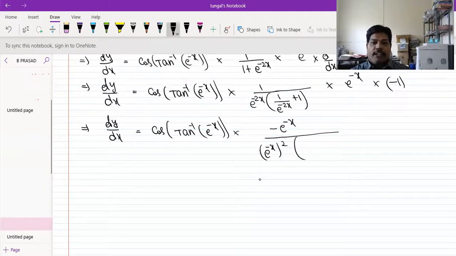And this e power minus 2x comes to the numerator, it will become e power 2x plus 1. So here e power minus x and the square will be cancelled.